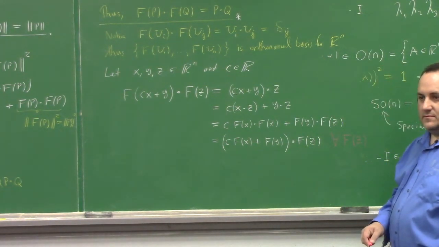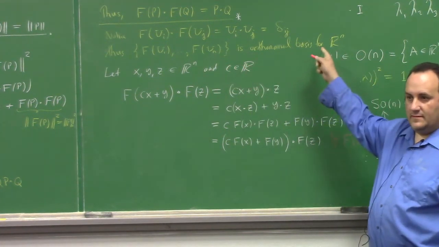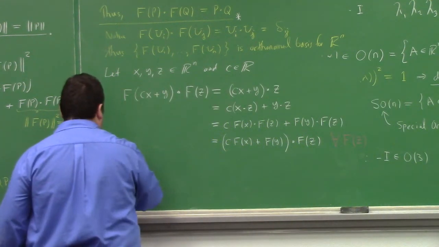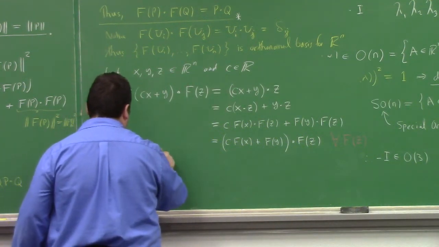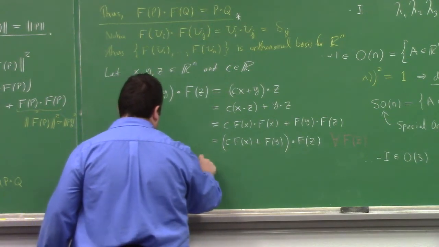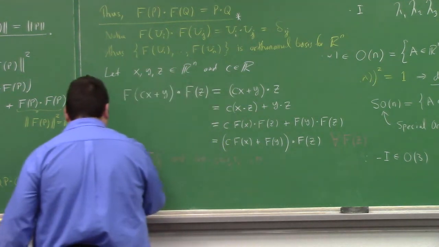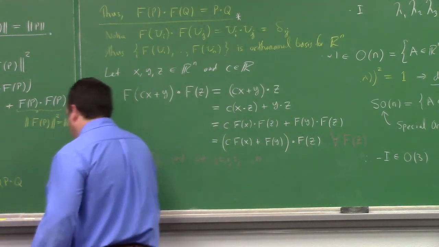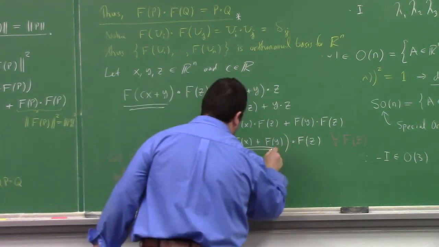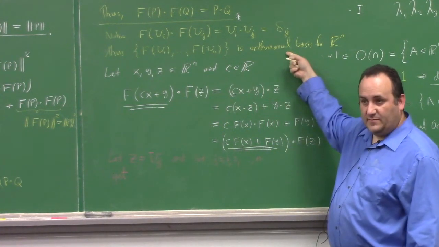So what do we do? This is an orthonormal basis, right? So if you just let z equal uj, and let j equal 1, 2, all the way through n, you get that the jth components of this and that with respect to that basis have to match up.